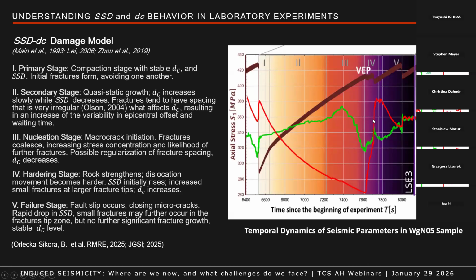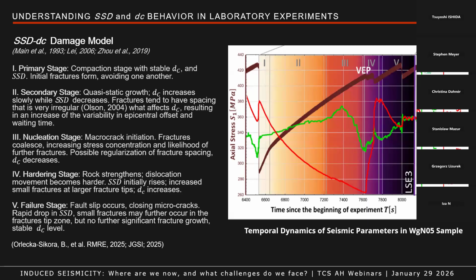I selected here a stick slip experiment from the period in the middle of the whole experiment to present the shape of the behaviors, of the trajectories of DC and SSD.